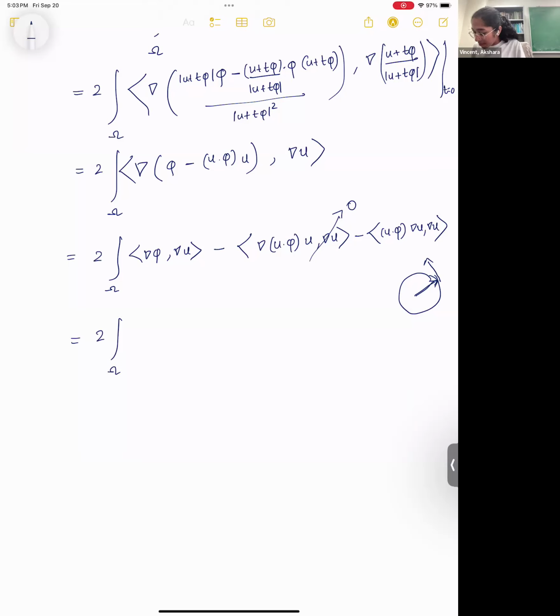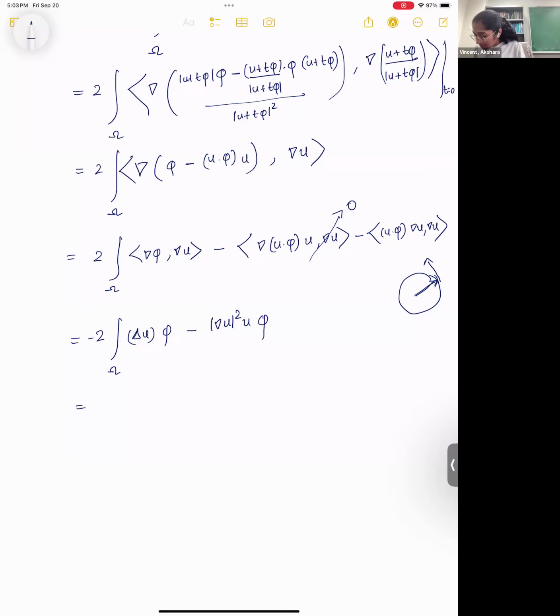We can apply integration by parts here. So what you get is minus 2 Laplacian of u times phi. And the last term becomes, if you do the inner product, minus mod gradient of u squared, u times phi.